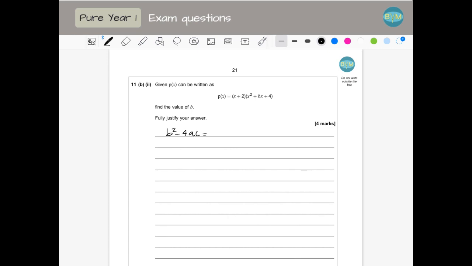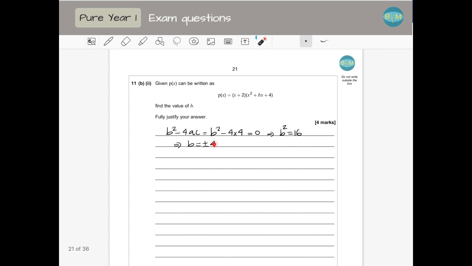So the discriminant of this quadratic is b squared minus 4 times 1 times 4, and this must equal 0, which means b squared is 16, so b can be 4 or minus 4.